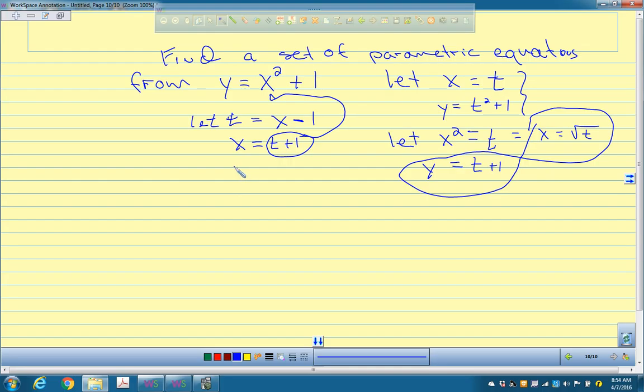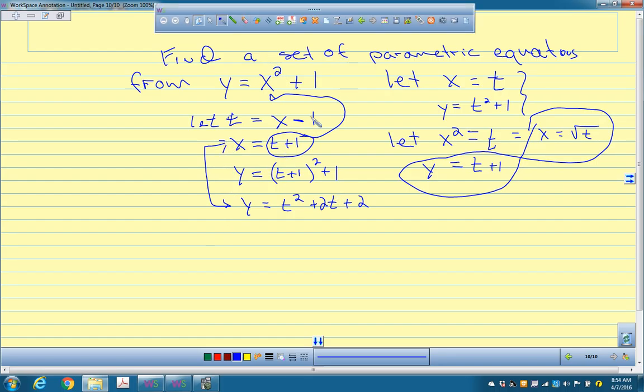So if x is t plus 1, then y is t plus 1 squared plus 1, which would be y equals t squared plus 2t plus 2, right? So if I plugged in this set of parametric equations, it should give you this parabola right there. Do you believe me? Or do you want me to do it? You can believe me, okay?